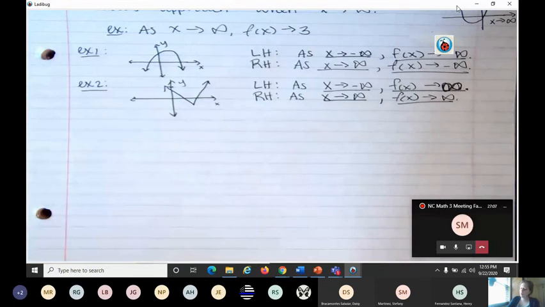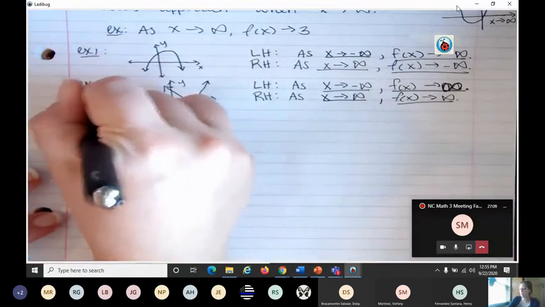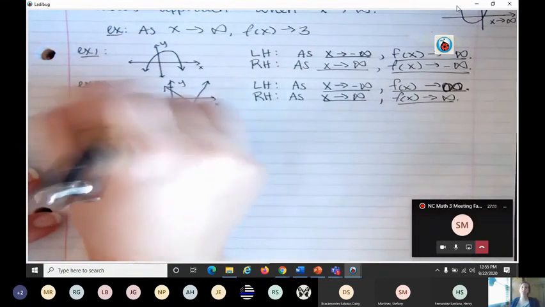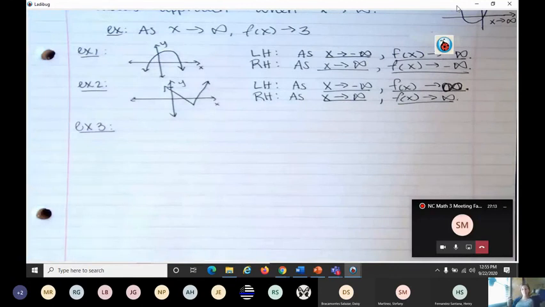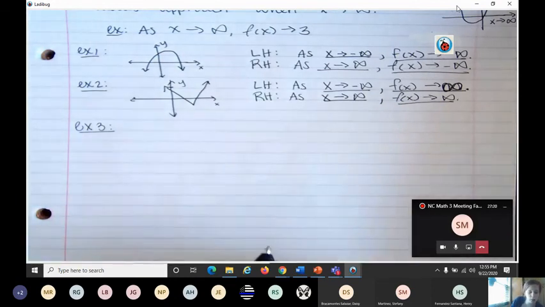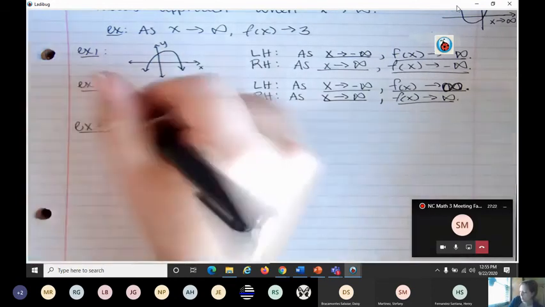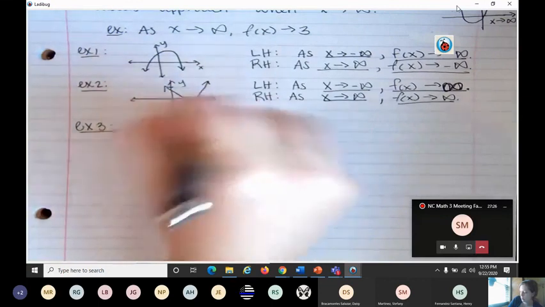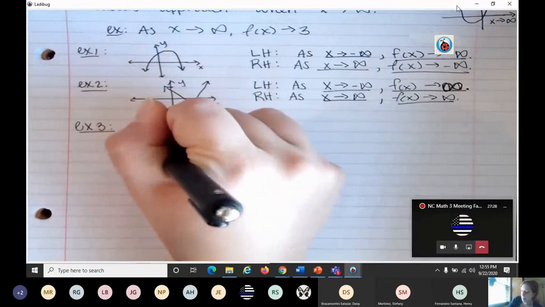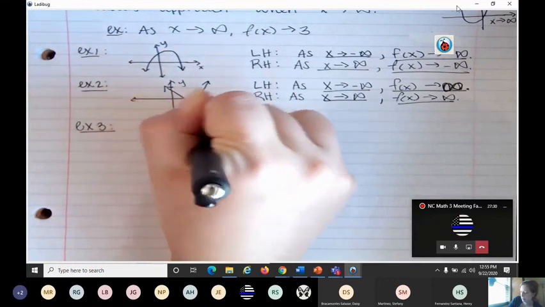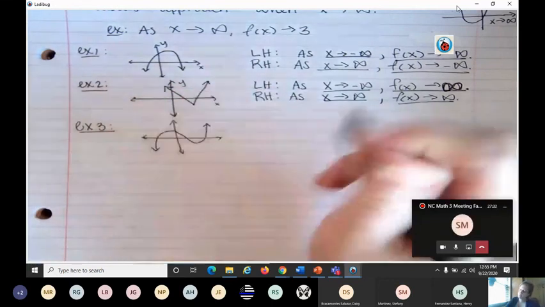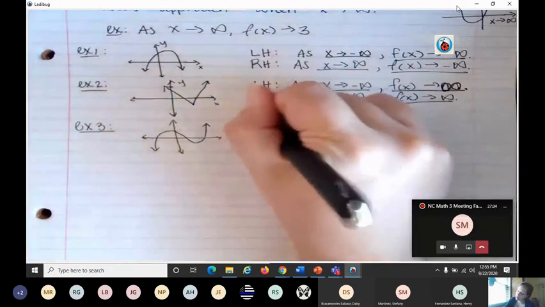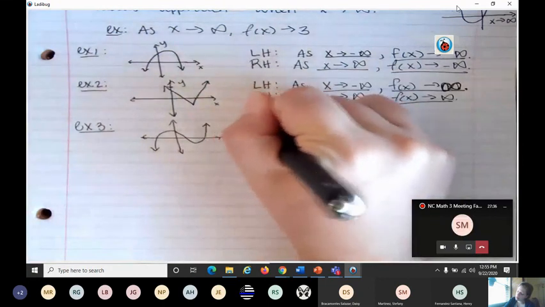I'm just going to do a few more, I think, because it seems like you guys are catching on pretty quickly. Are there questions on either of those two examples? Okay, let's do something like this. We're going to have the left-hand side and the right-hand side.